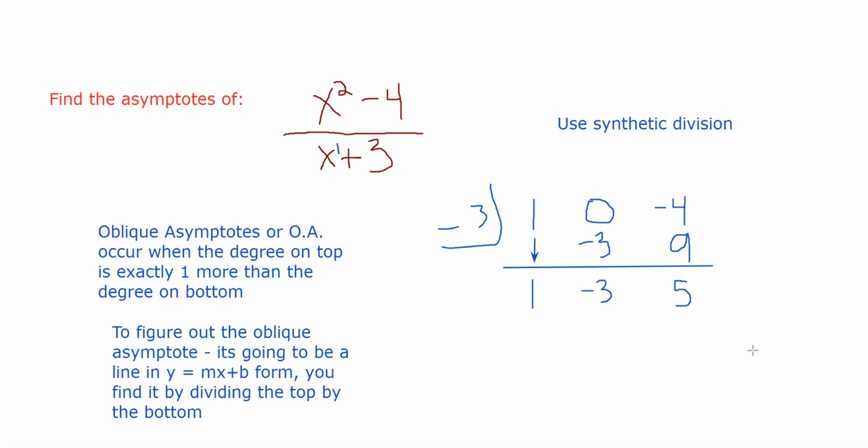And that's going to be our remainder, and we're actually going to ignore it here. And we'll just make the line y equals, this would be 1x, or just x, minus 3. And that's going to be our oblique asymptote.